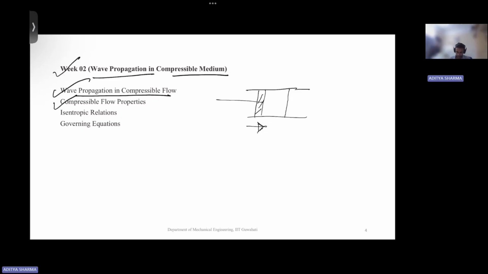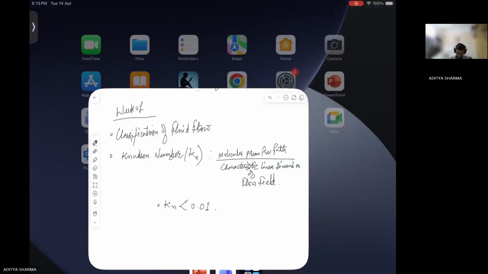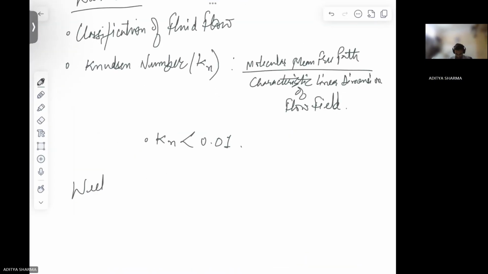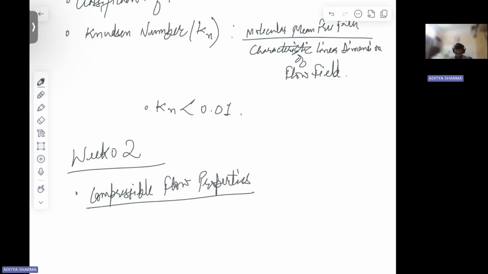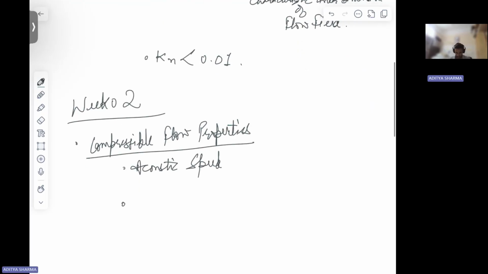And then in compressible flow properties, we learned about acoustic speed, right? And about Mach number.